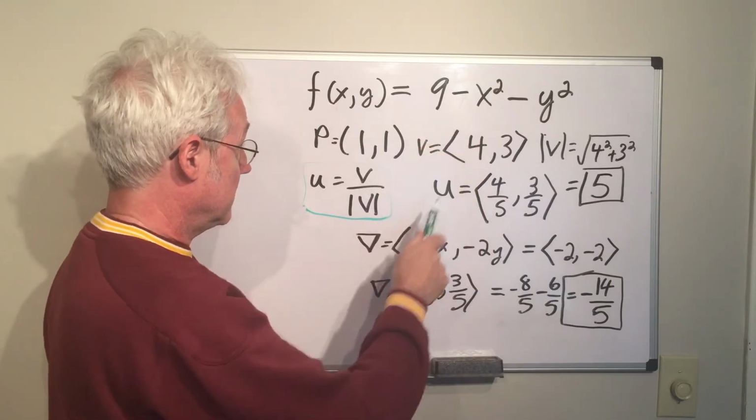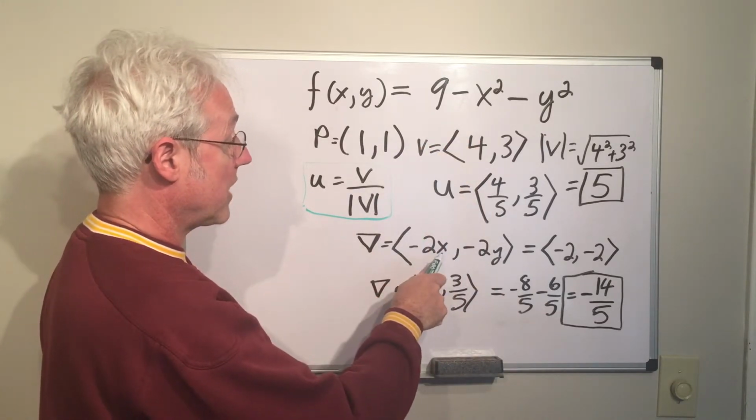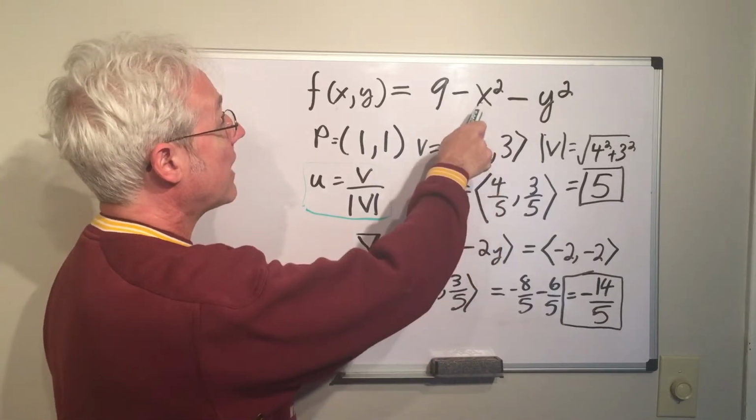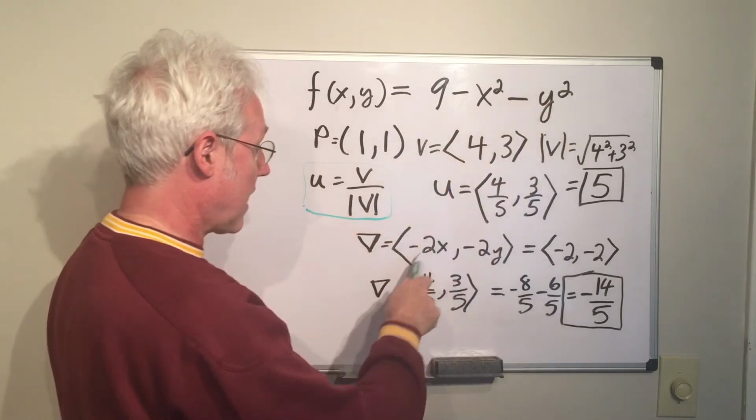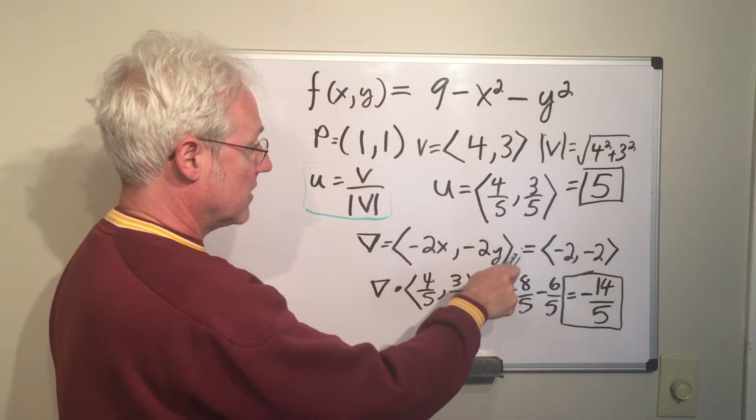The gradient, minus 2x minus 2y, comes from the partial derivatives of x and y, and it is a vector.